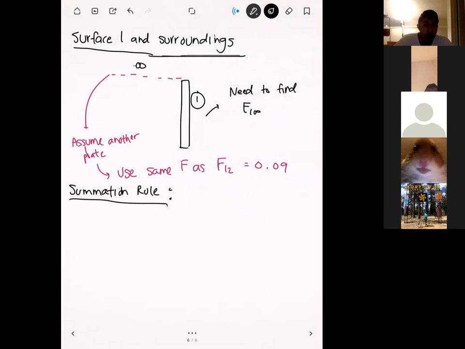Because remember, whenever you have an enclosed space, we have to have the rule where all the view factors coming from a surface have to add up to 1.